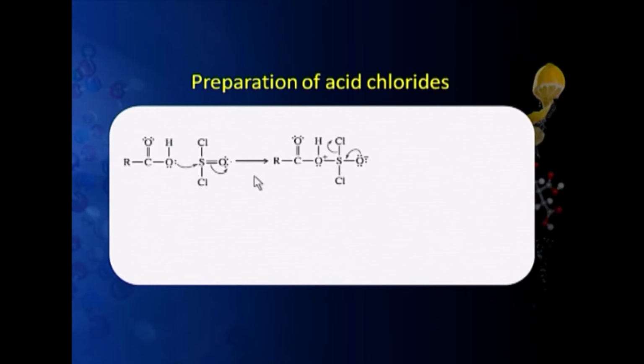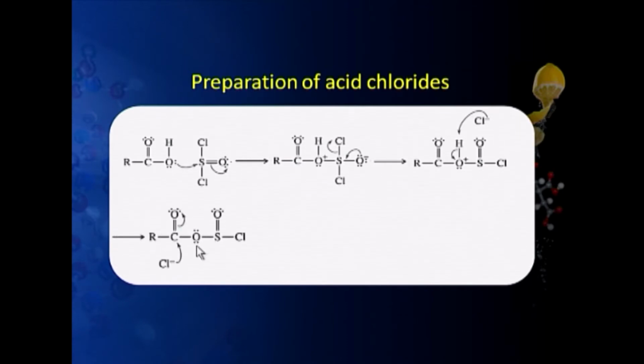So, basically the acid molecule has displaced one chlorine from thionyl chloride, and this oxygen, since it acquires a positive charge, when this Cl minus is leaving, it takes away the H plus from here and we get a chlorosulfite anhydride.